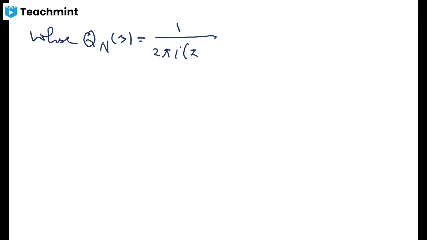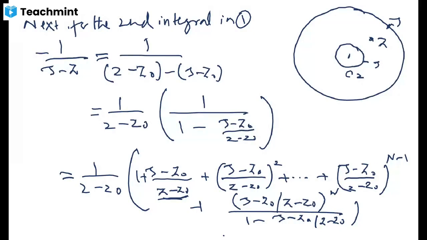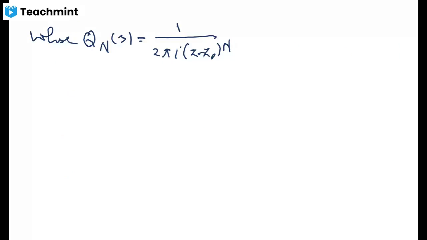At the same time I have z minus z naught to power n, and I have zeta minus z naught to power n being multiplied with f of zeta and then integrated over C1, f of zeta upon zeta minus z naught to power n, d zeta. So this is qn at z. Now look at this. What form of qn do we have now?